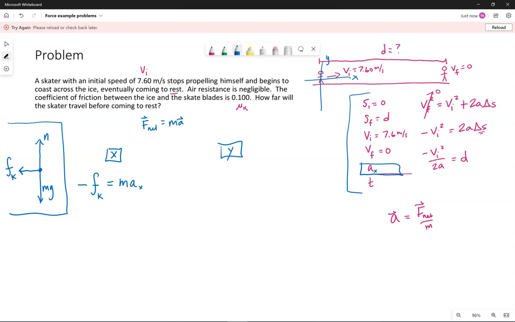I need to make sure I'm accounting for the directions the same way. In the y direction, we know there's no acceleration in the y direction. It's not accelerating up into the air or sinking down into the ice. So those forces in the y direction need to balance out.